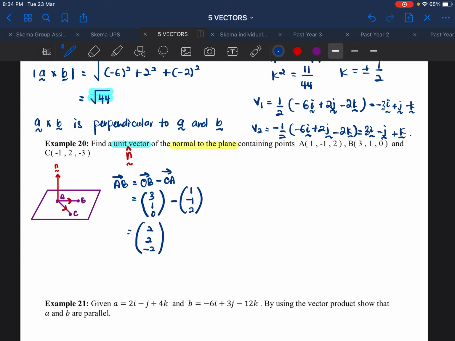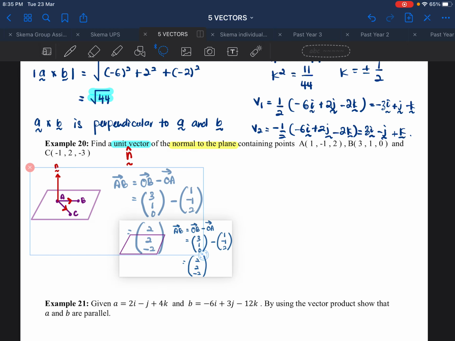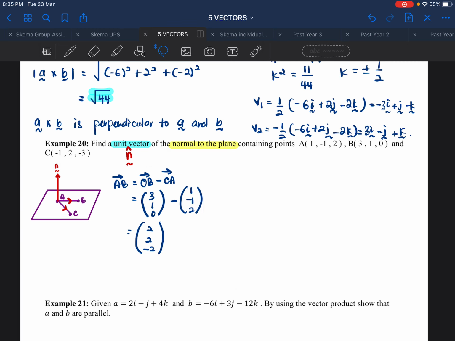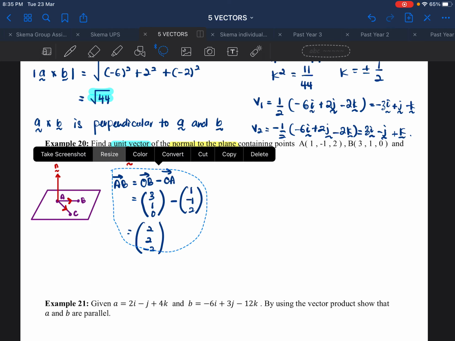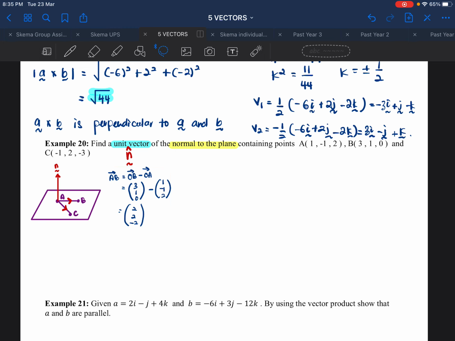Saya kecilkan sikit lah kejap. Sekejap, kamu bersabar dengan saya. Okay, so kita cari AC pula. Direction vector AC macam biasa, OC minus OA.